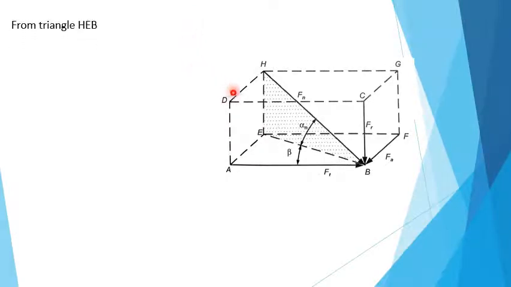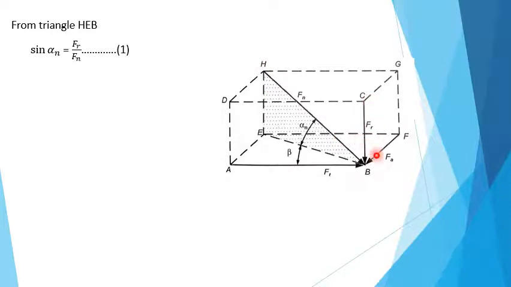So let us consider this figure. From this particular triangle HEB, which is nothing but the normal plane, here we have the normal pressure angle alpha n. If we take sine of alpha n, it will be HE divided by BH.